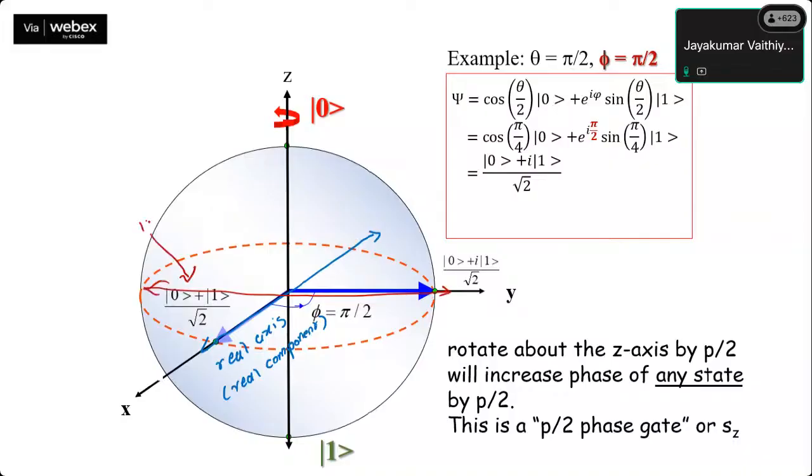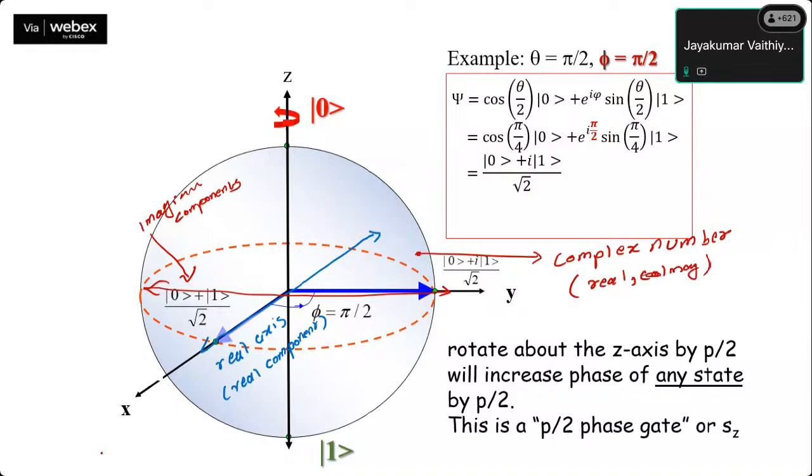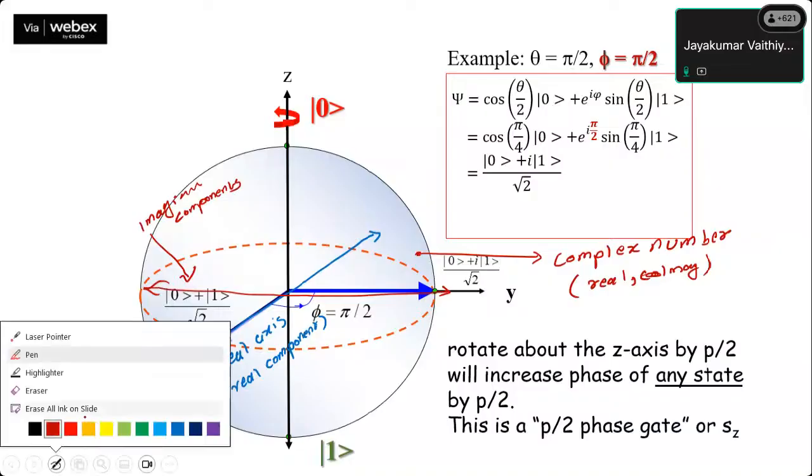So it contains imaginary components. Whatever point we have in the Q sphere or Bloch sphere, it is a complex number. That is why every quantum state vector contains two components, one real and one complex or imaginary. This is very important in quantum.